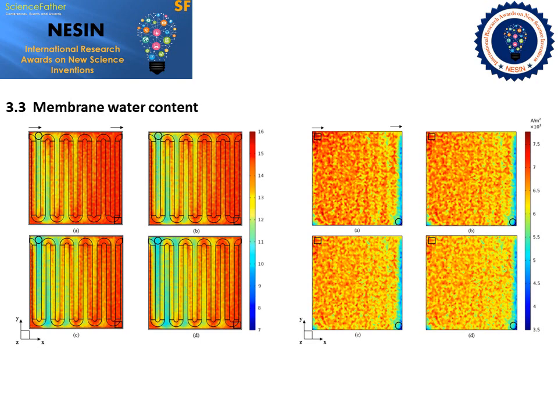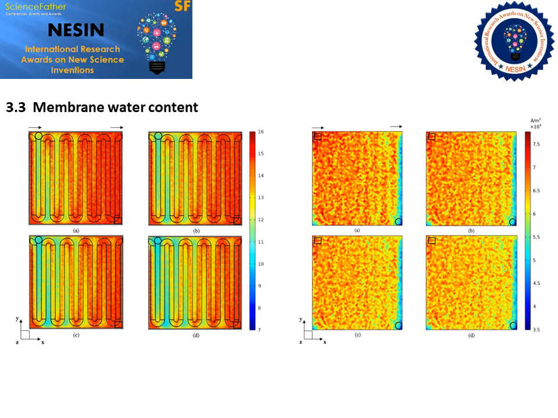The circle box on the graph represents the region with the lowest membrane water content, and the rectangular box represents the region with the highest membrane water content.